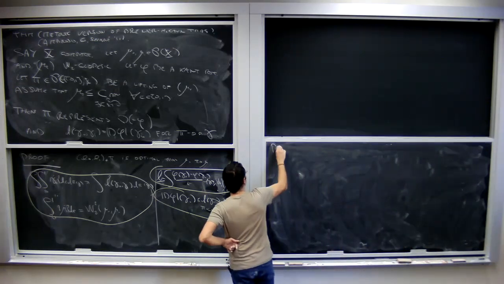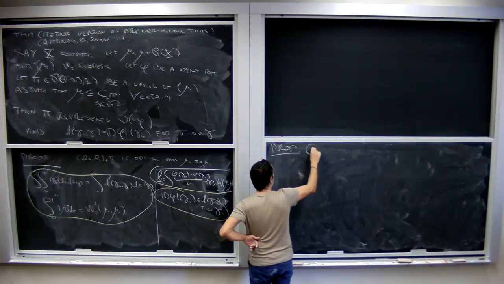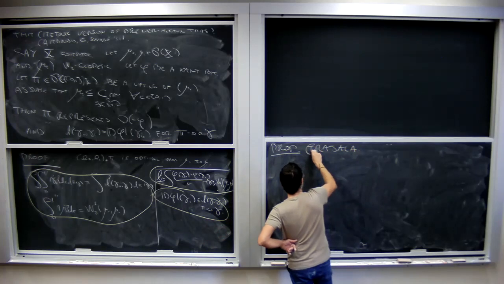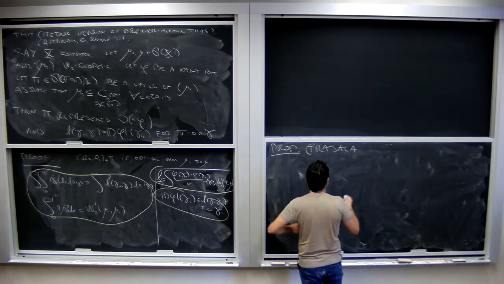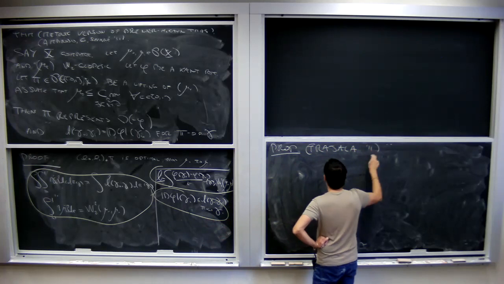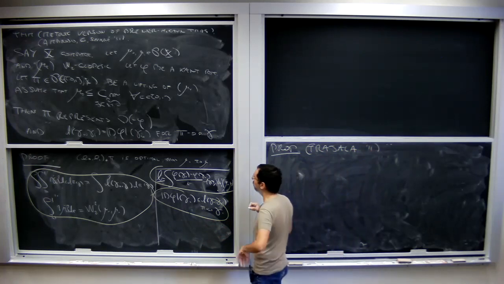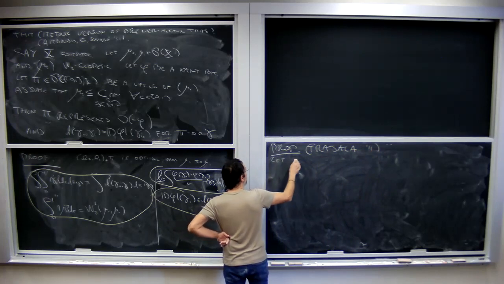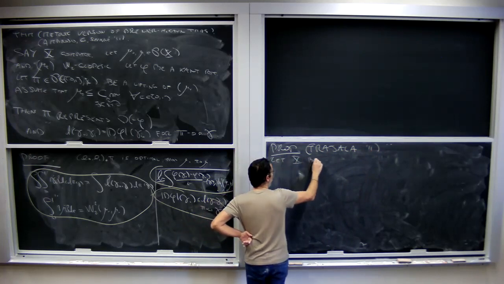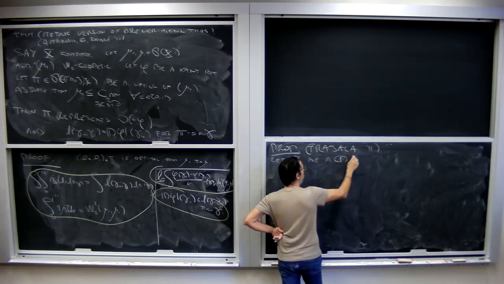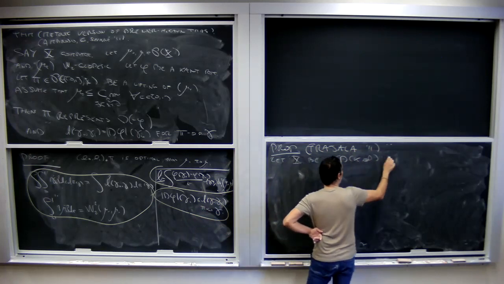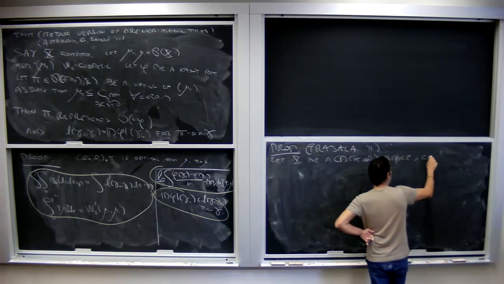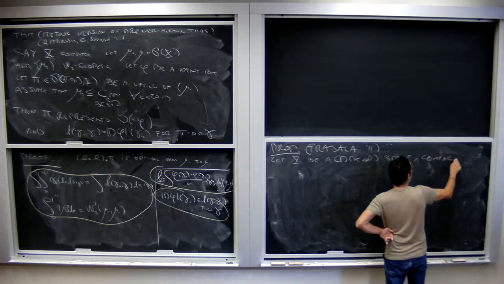This is an extremely useful proposition by Rajala, Tapio, around 2011. The statement is this: let X be a CD(K, infinity) space, and again compact, absolutely not needed, but let me say compact.